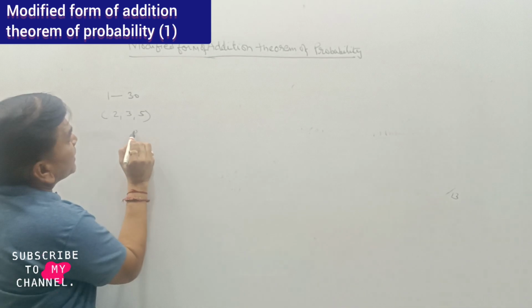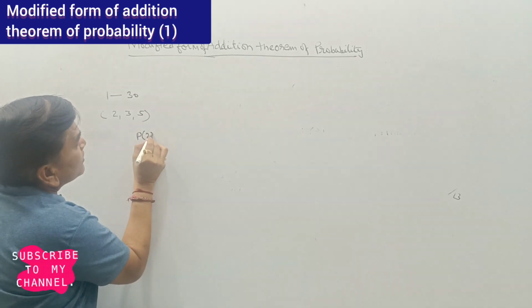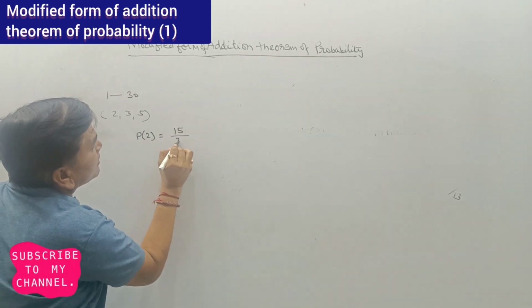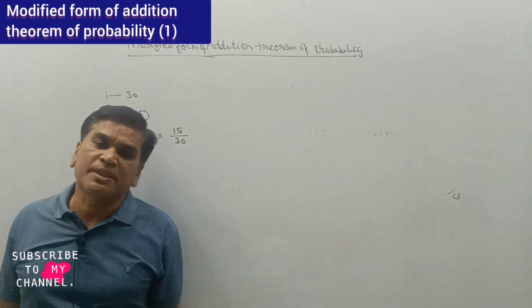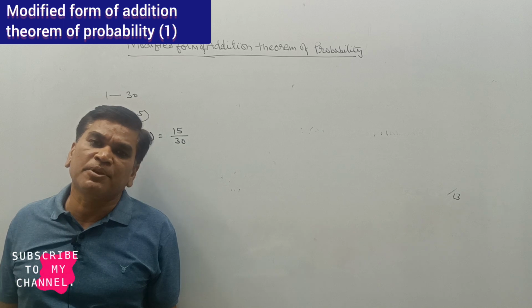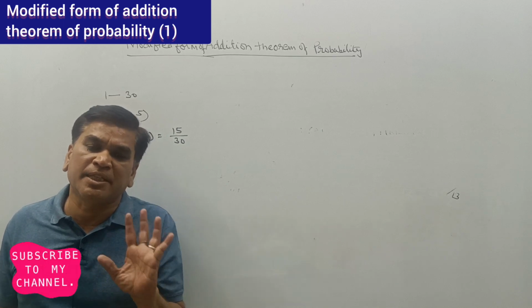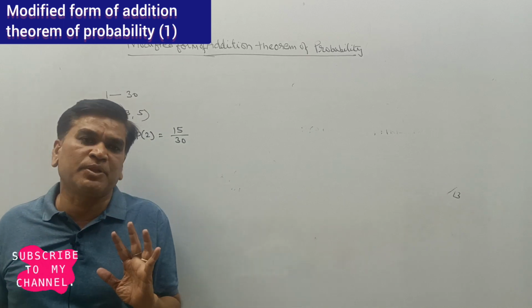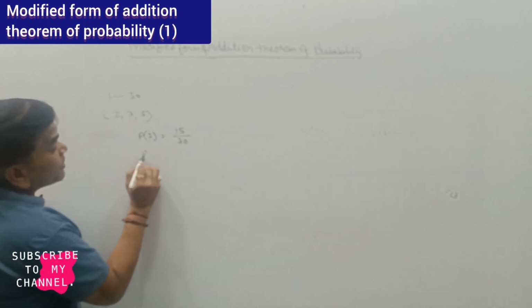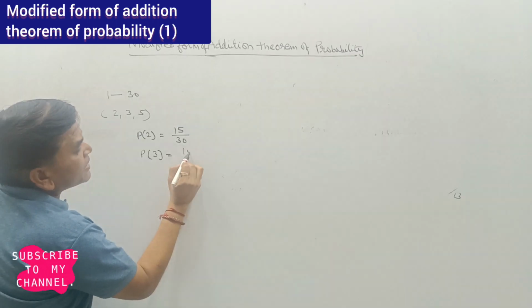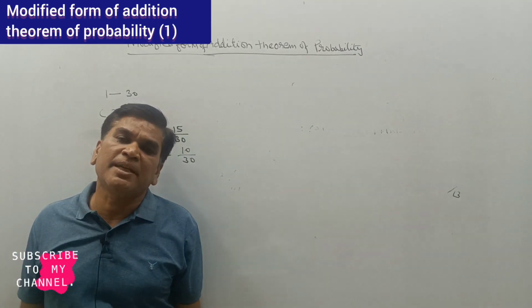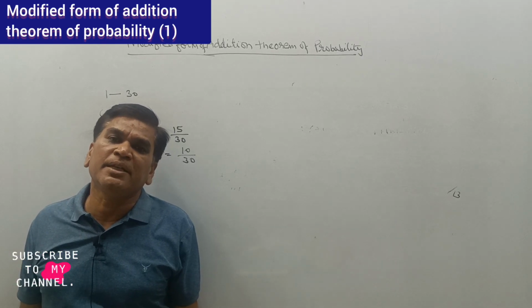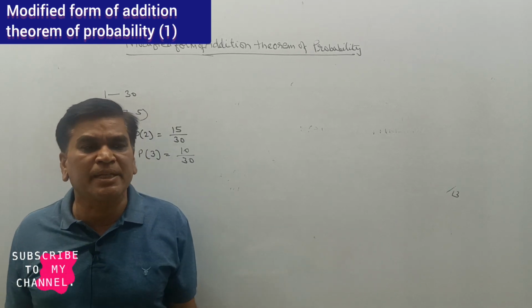So the probability of getting a number divisible by 2 is 15 upon 30, because 2, 4, 6, 8, 10, 12, 14, 16, 18, 20, 22, 24, 26, 28 and 30 are 15 numbers divisible by 2. The probability of getting a number divisible by 3 is 10 upon 30, that is 3, 6, 9, 12, 15, 18, 21, 24, 27 and 30.